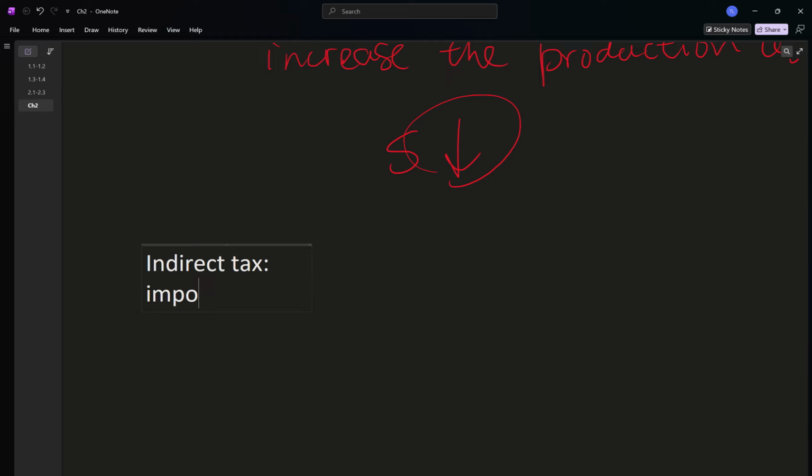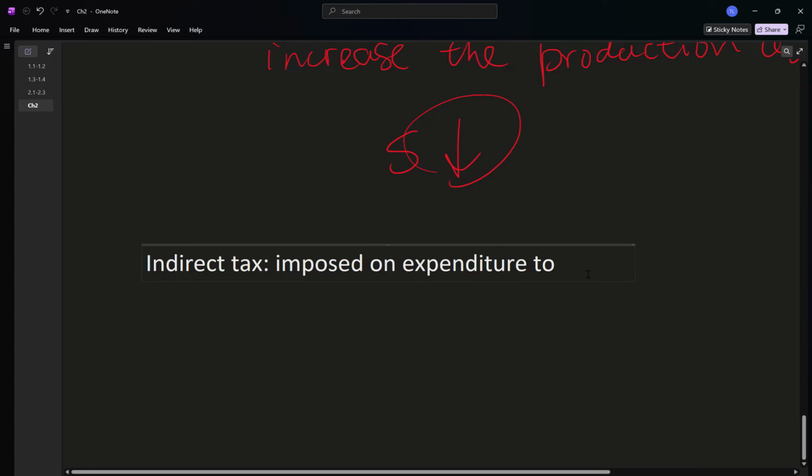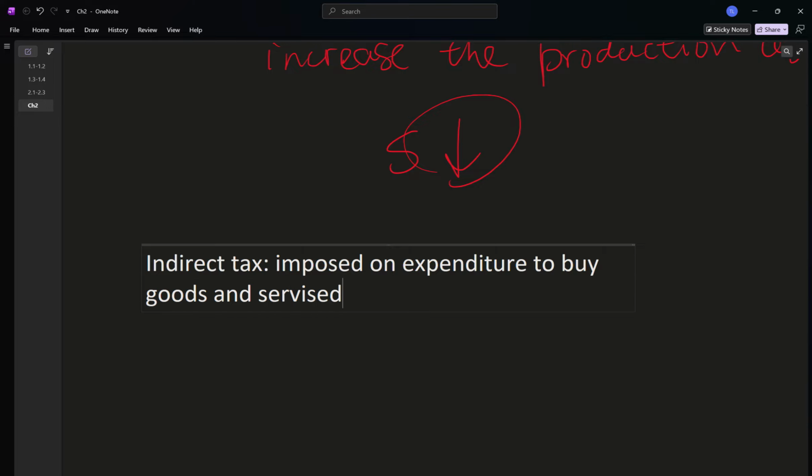Tax is something imposed on expenditure to buy goods and services.